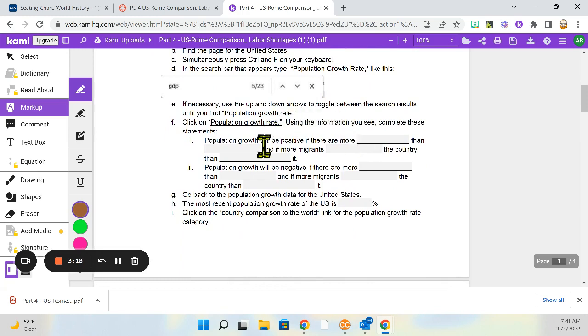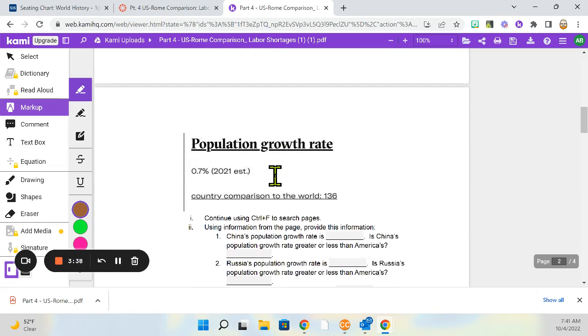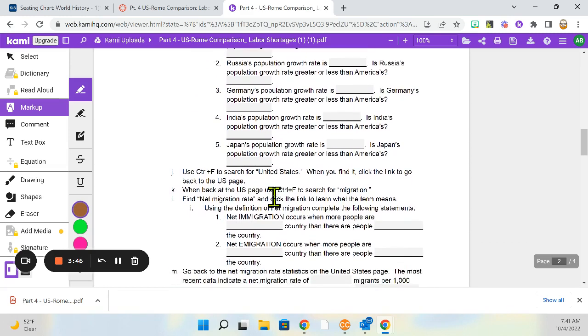To understand the numbers you're going to see, you need to click on that definition when you found population growth rate, and complete these statements, so that you can tell the difference between population growth being positive or negative, the population getting larger, in other words, or the population getting smaller. You're also going to compare the United States to some of the other countries we've seen before, and I believe Japan is a new addition here.